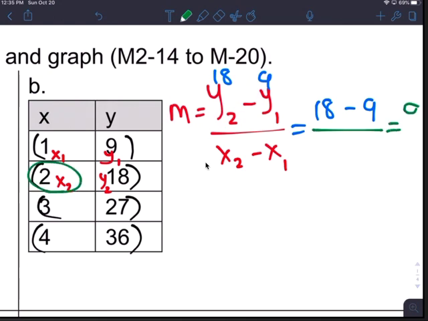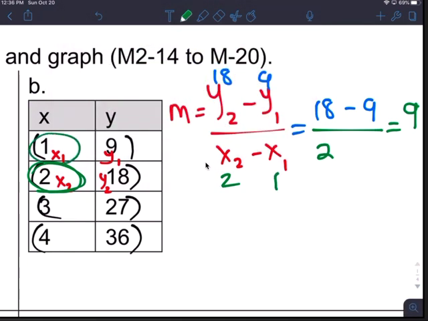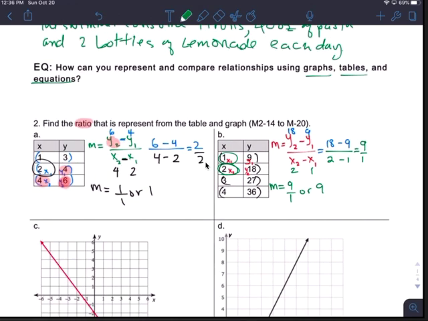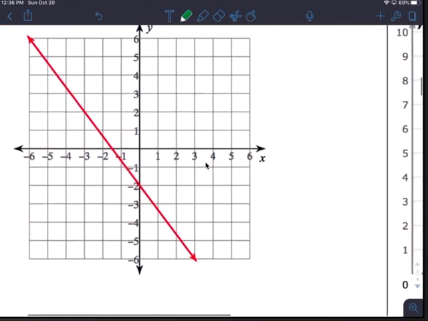Oh, this is 9, by the way. X sub 2 is 2 minus x sub 1, which is 1. So 2 minus 1, which is 1. So your rate of change is 9 over 1, or your ratio, or just 9. Both answers good.